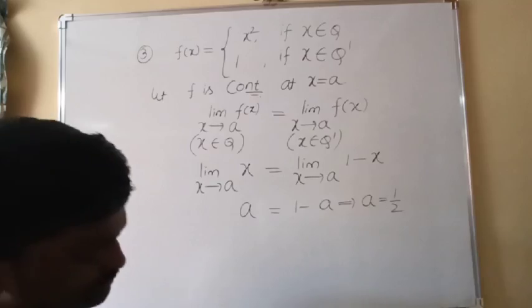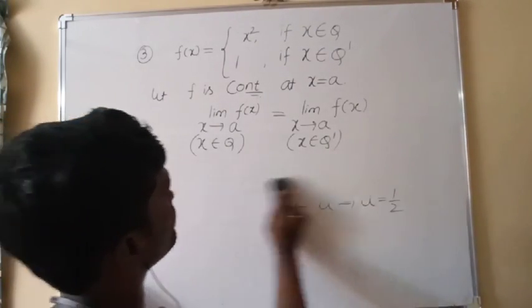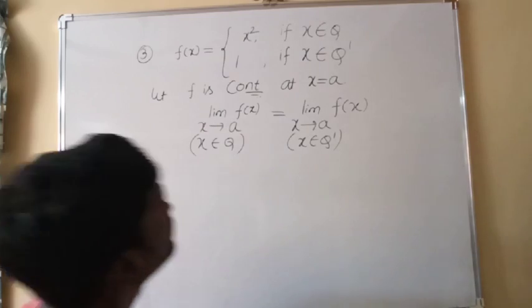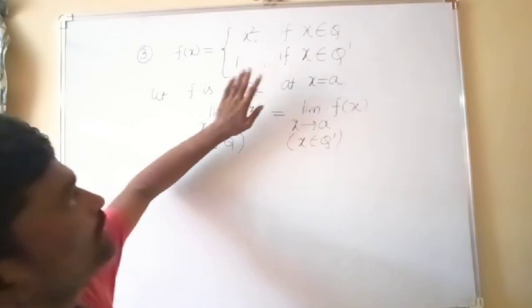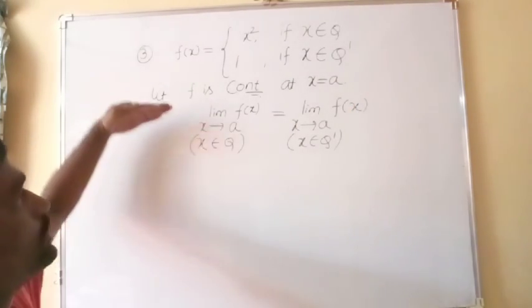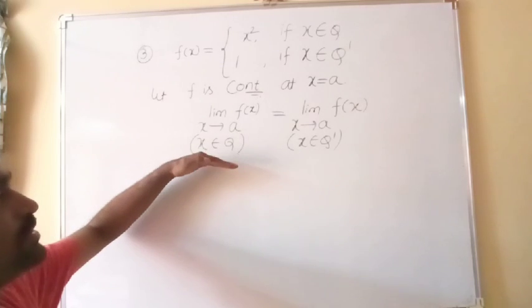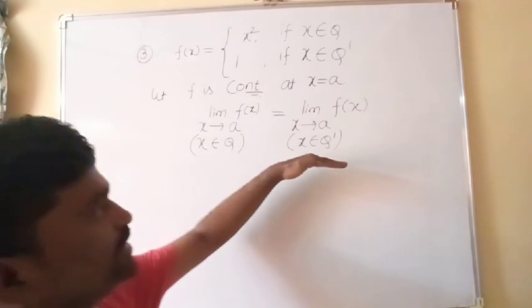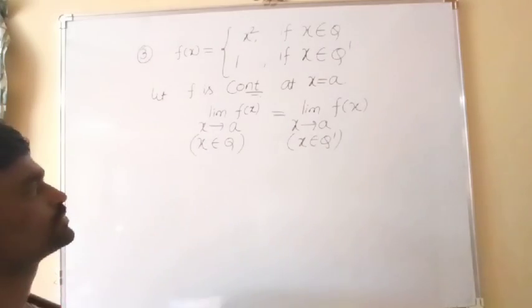Next problem. So f of x is equal to x square if x is a rational number and is 1 if x is an irrational number. So same steps. Let f of x be continuous at a, then limit x tends to a of f of x when x takes rational values is equal to limit of f of x as x tends to a when x takes irrational values.